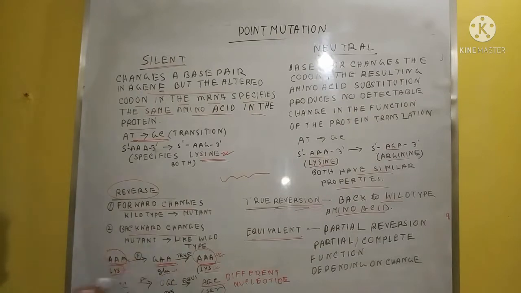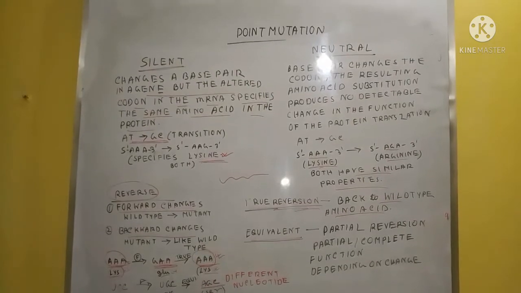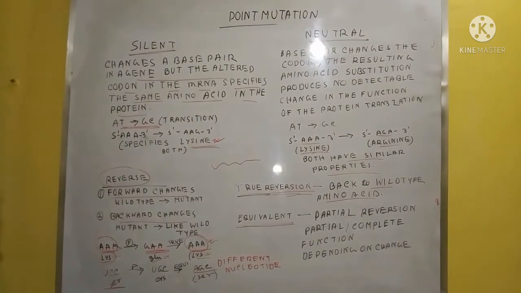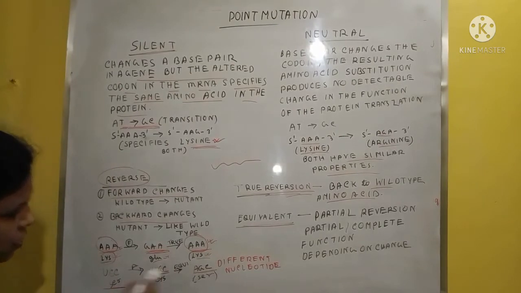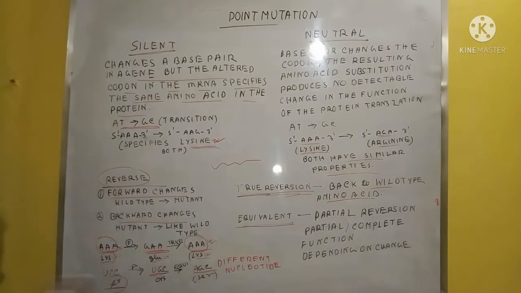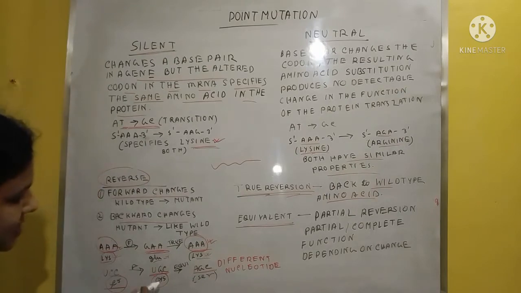But you see the second example. UCC is serine. After mutation it changes to UGC, cysteine, the one amino acid recognized by UGC.